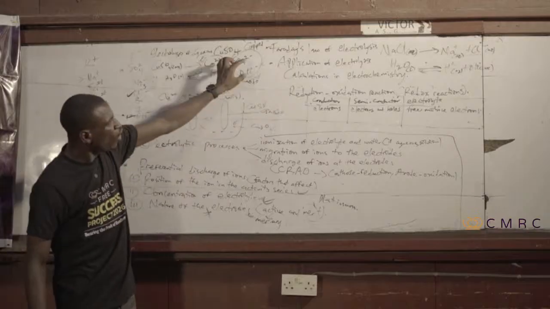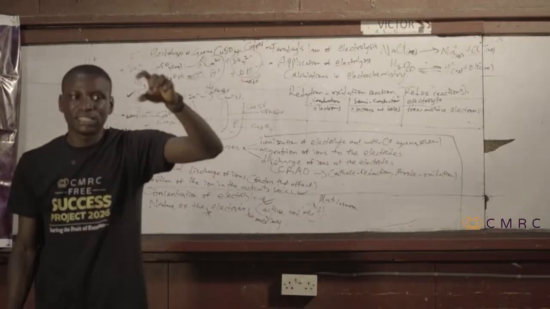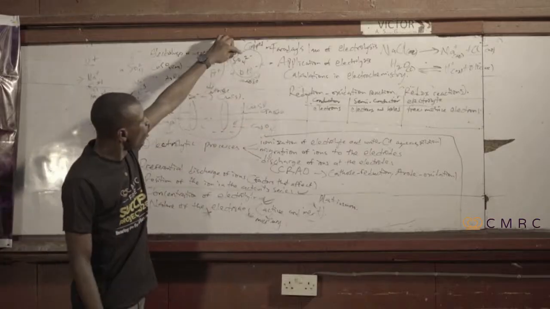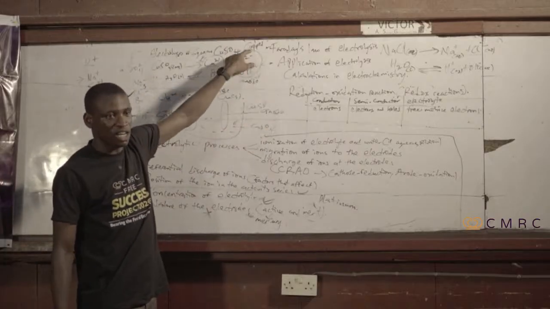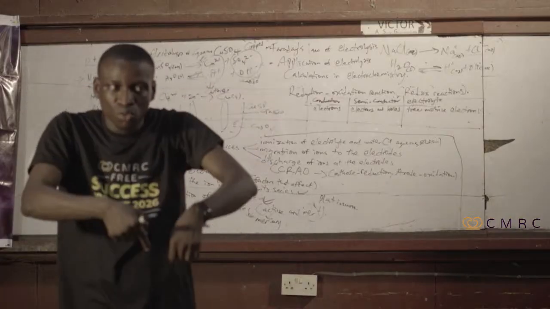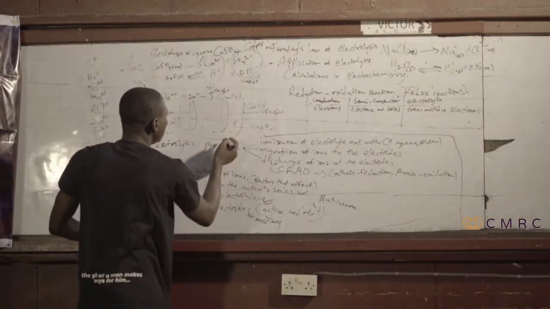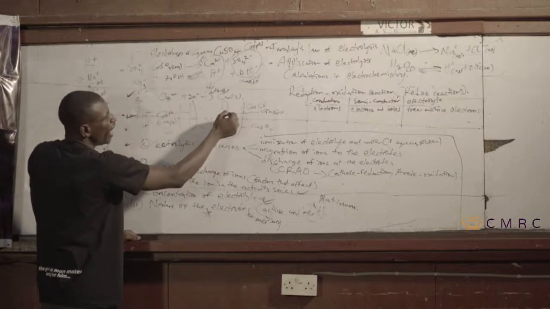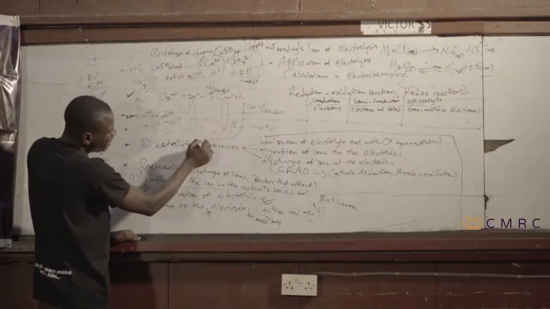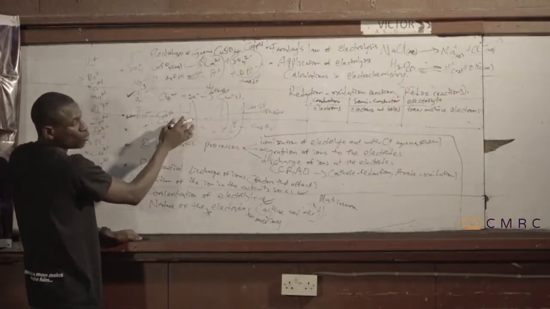Because the anode is a component of the electrolyte, none of the ions here will be preferentially discharged. It is that copper anode that will go into the solution, wearing out, and as it comes out, it will be deposited on the copper cathode here.